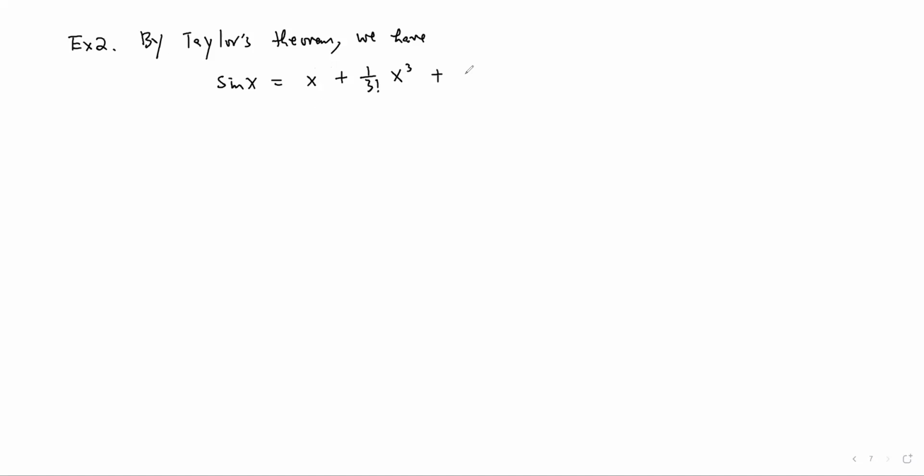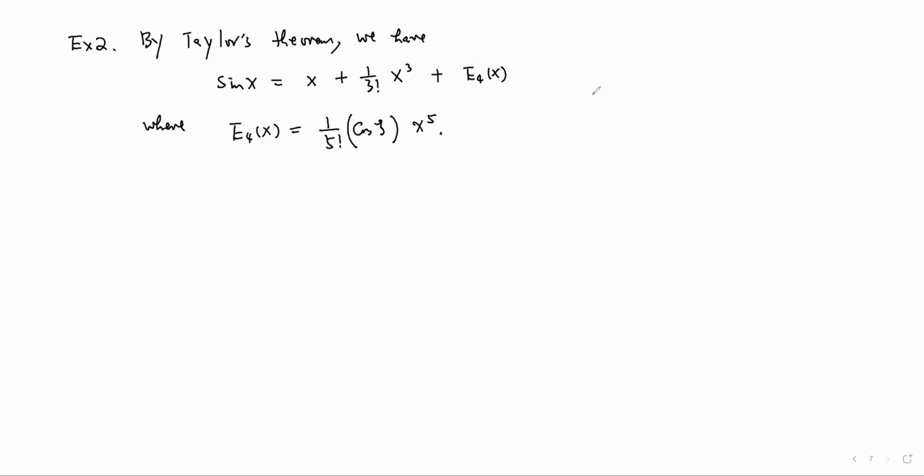Then plus the error term. The error term is, as in the previous example, equal to 1/5 factorial cosine of some point psi times x to the 5th.